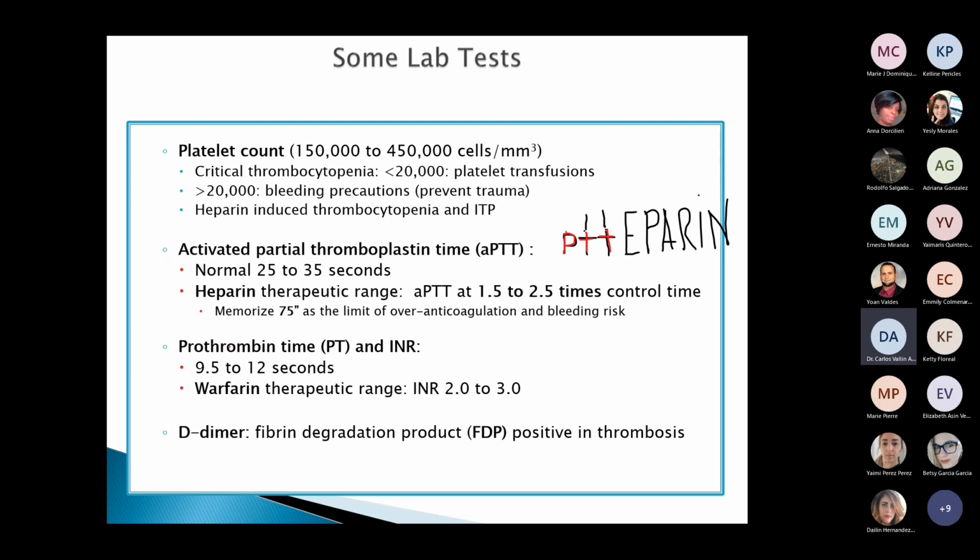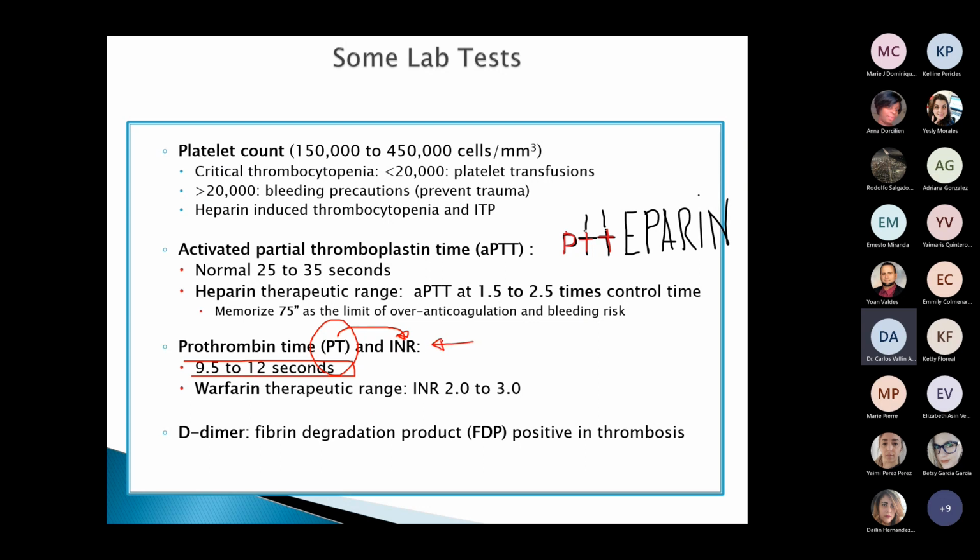The PT is not seen by the provider because it's too variable; generally the normal value is no more than 12 to 14 seconds. But the laboratory uses the PT to calculate the INR, the International Normalized Ratio, and this is the one that the doctor is going to be seeing.